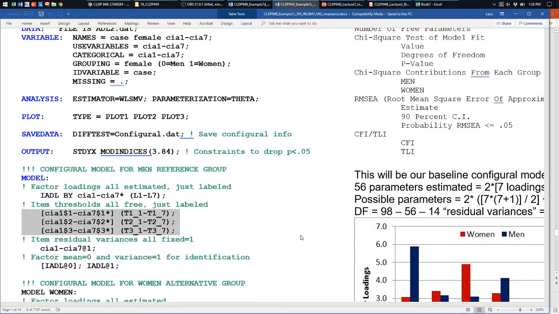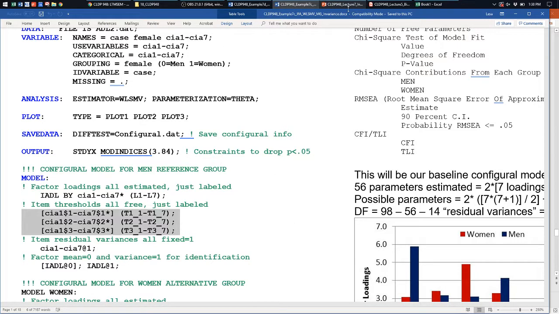So in the world of IFA versus IRT, you can either test the A's and the B's, that's IRT software does that directly, or you can test the loadings and the thresholds. What Mplus allows you to do directly is to test the loadings and the thresholds.